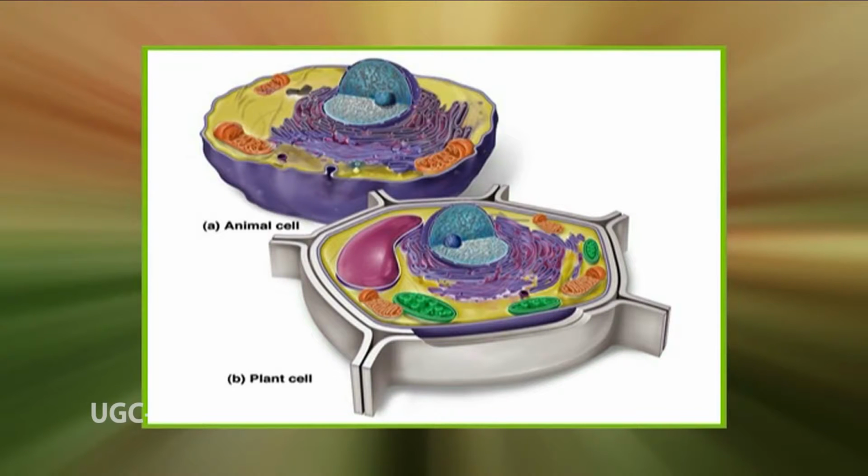Now, let me start the second part of today's topic, that is the signaling molecule receptors. The cellular response to a particular extracellular signal molecule depends on its binding to a specific receptor located on the surface of a target cell or in its nucleus or cytosol.